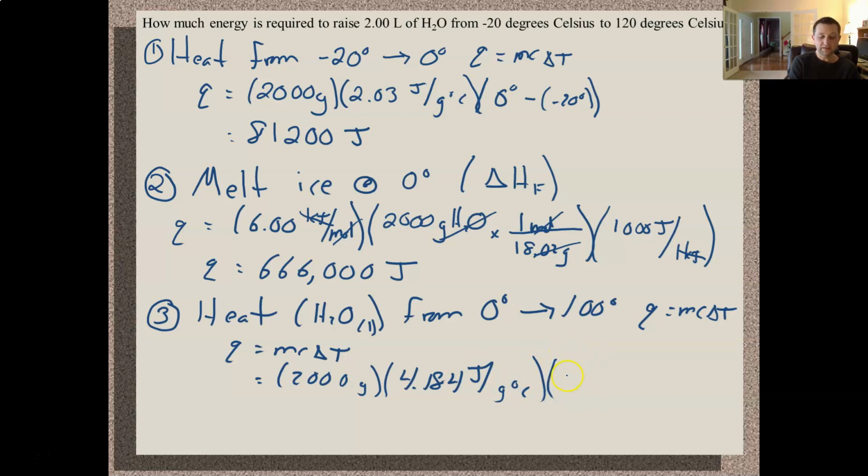And our delta T is 100 degrees minus 0 degrees, so our T final minus T initial. If you go ahead and solve that, our unit should be in joules here, and our Q value comes out to be 837,000 joules. You may be asking where I'm getting my sig figs from. I just kind of picked 3 sig figs for this one.